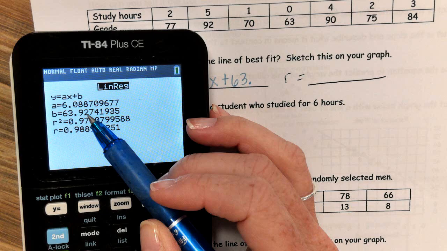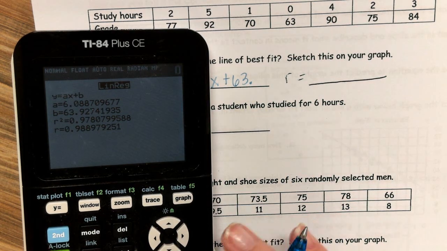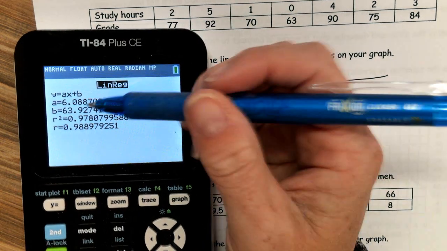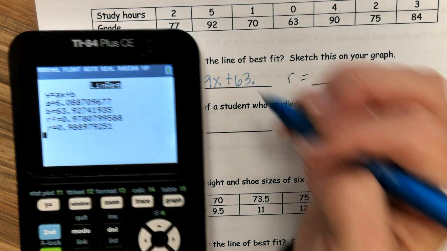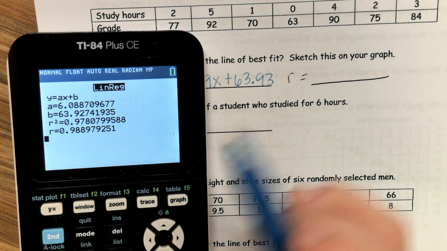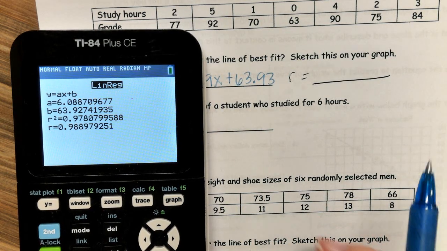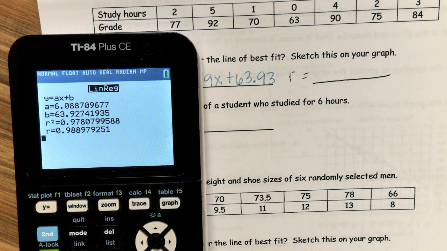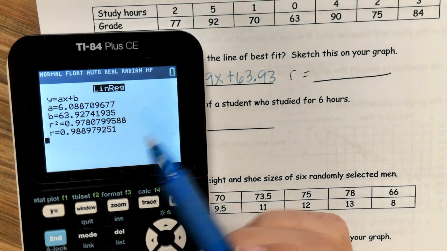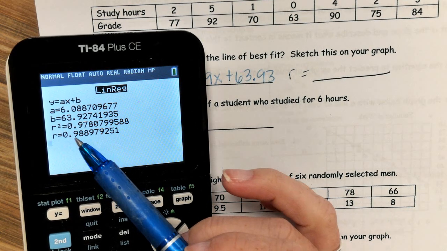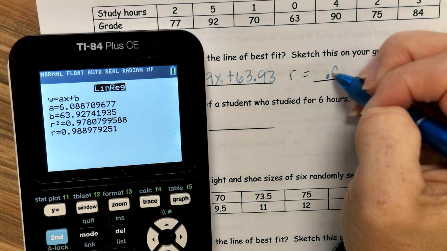Why is it going to be 93? The next number is 5 or more. So 93. Okay, what is the R? We are rounding to the hundredths place. Please do not round up to 1, because 1 would mean it makes a perfect straight line, right? And this isn't. So what would I round this to? 0.99.